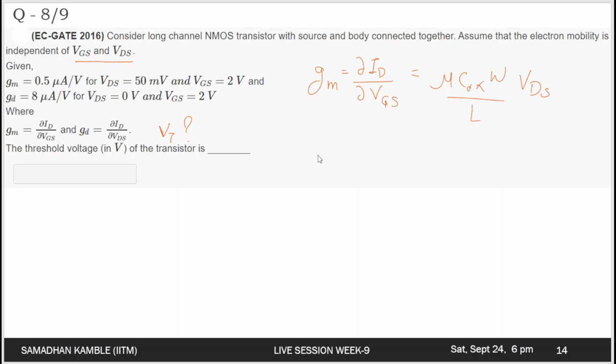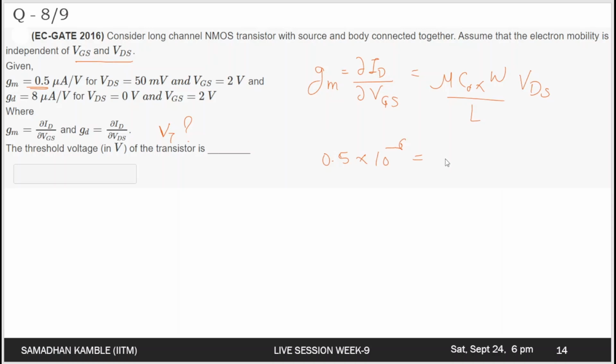So GM is given as 0.5 micro, so 0.5 times 10 to the power minus 6, which is equal to mu, which is our mobility.